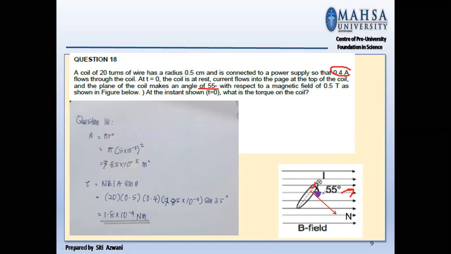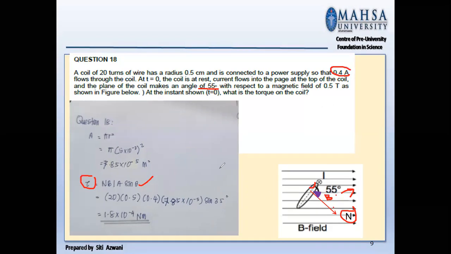But when you want to use this formula of the torque, NBIA sine angle, the angle you need to measure is from the normal of your plane to the magnetic field B. So how to calculate the angle between the normal and the B?